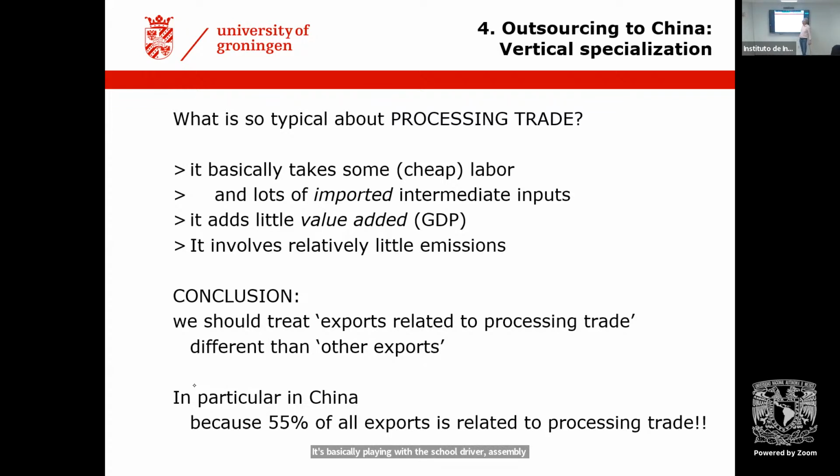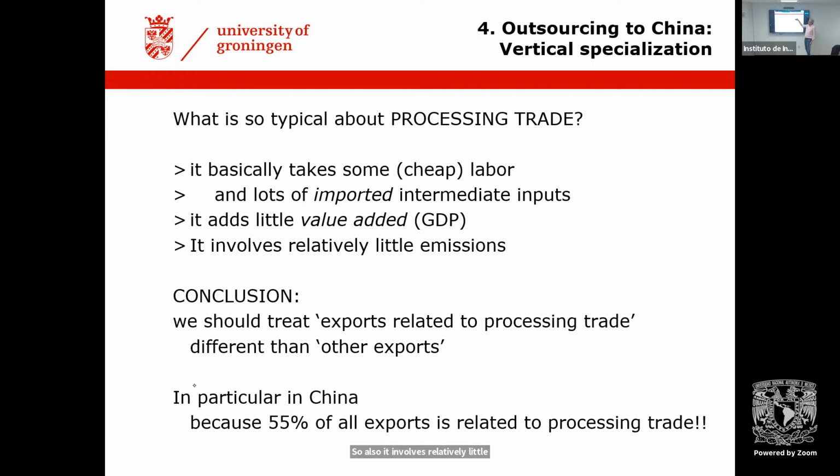And a lot of imported intermediate inputs. Working with a screwdriver is not extremely well paid. So for the country, China in this case, it adds very little value added. It helps them a little bit in terms of their GDP, but not extremely much. Also, playing with a screwdriver, there are hardly any emissions involved. So it involves relatively little emissions.